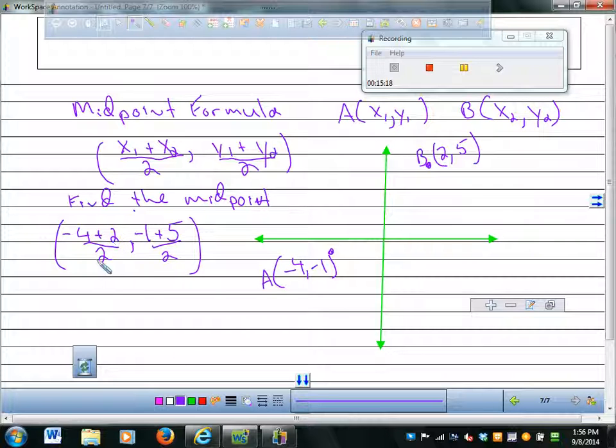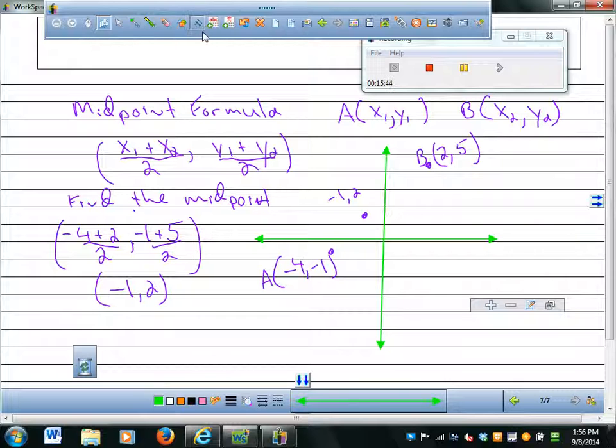Negative 2 divided by 2? Negative 1. Negative 1 plus 5? 4 divided by 2? 2. So the midpoint would be at negative 1, 2. Which looks about right, doesn't it? I don't know, everything's not to scale very well.